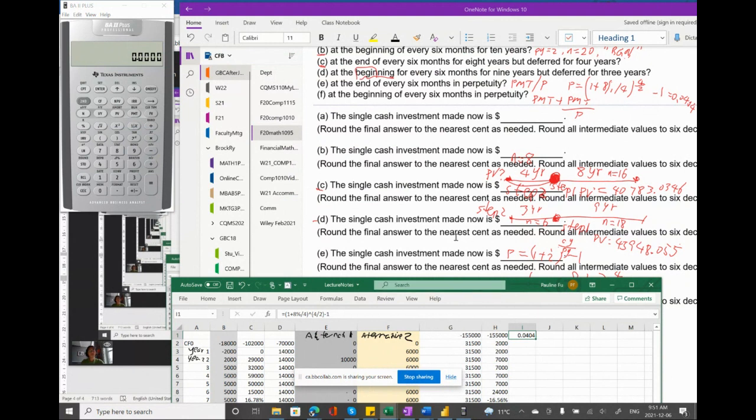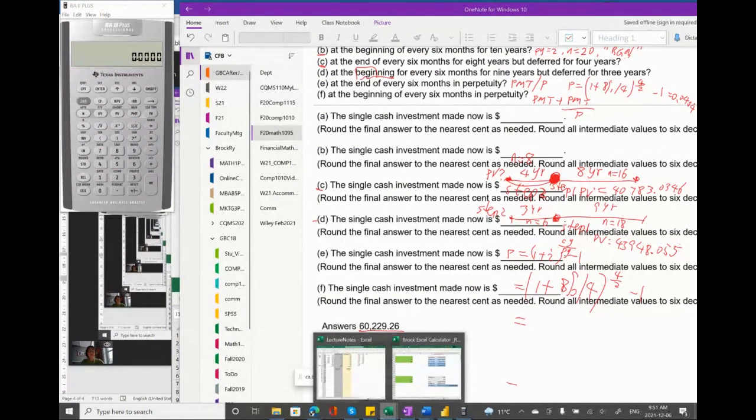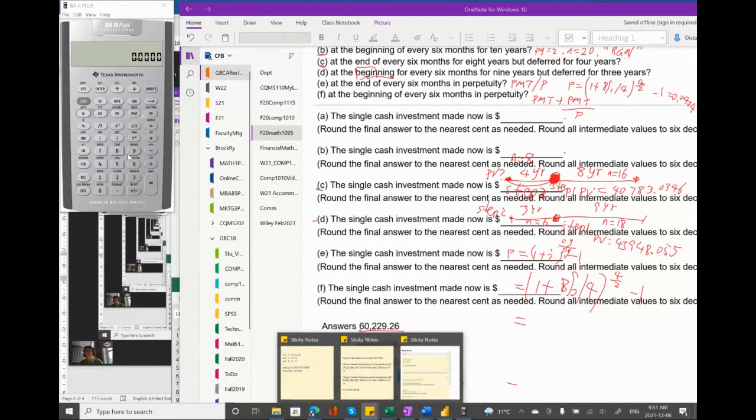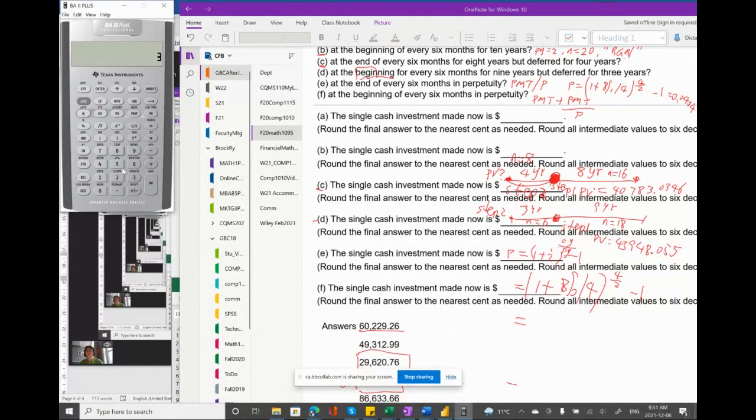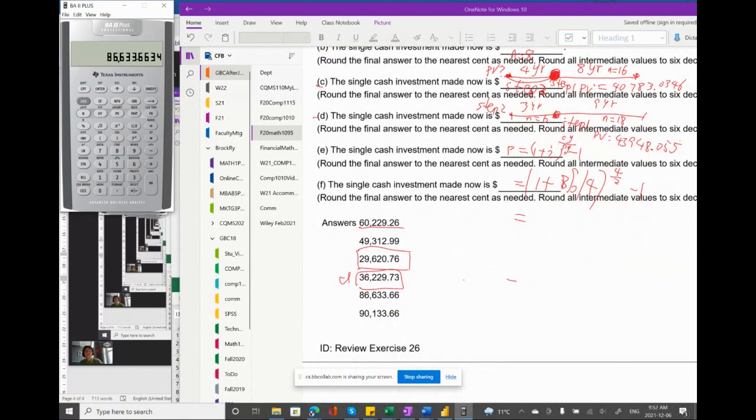So after you get P, you use PMT divided by P, you get the present value. So present value is 35,000 divided by 0.0404 equal.